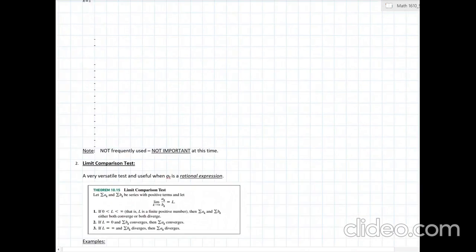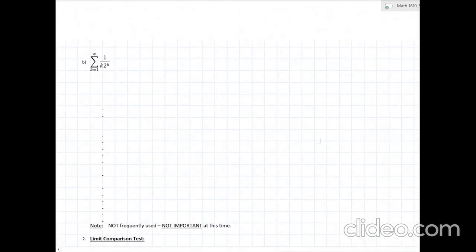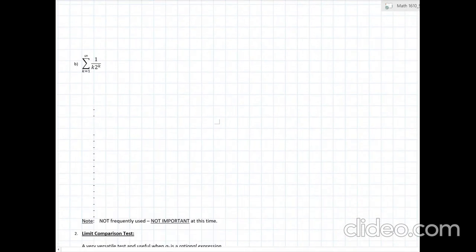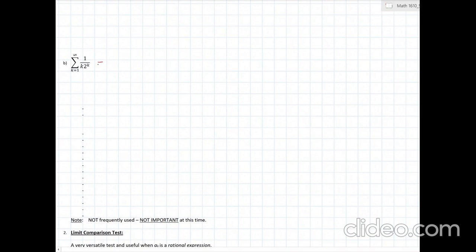Let's do another example. Okay, so this is my series ak. So that means my ak is 1 over k times 2 raised to the power k.